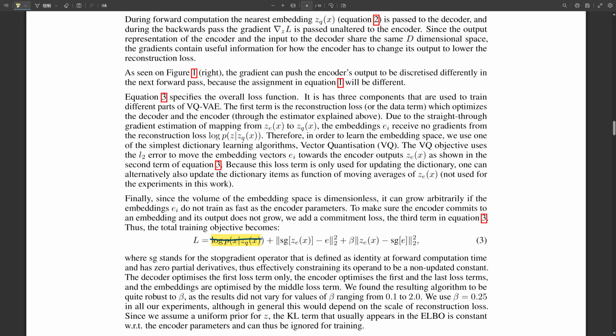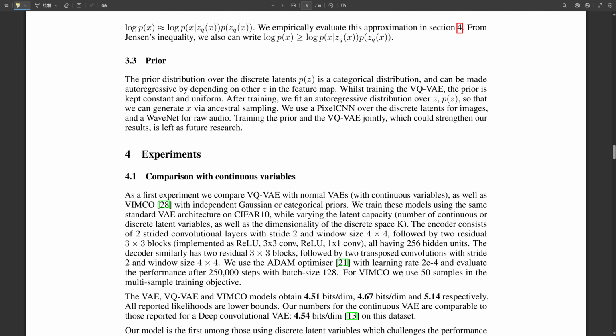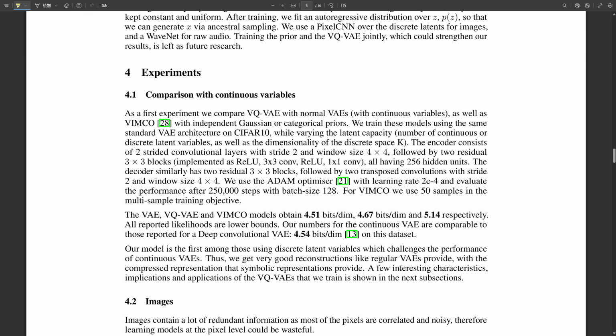It really is. And what's even more remarkable is that the resulting latent space doesn't just capture a compressed version of the input, it actually learns to represent those high-level, semantically meaningful features that we were talking about. The objects in images, the phonemes in speech. Exactly, the things that really matter. And it does this in a discrete, categorical way. So it's not just reducing the dimensionality of the data, it's finding the essence, the underlying building blocks.